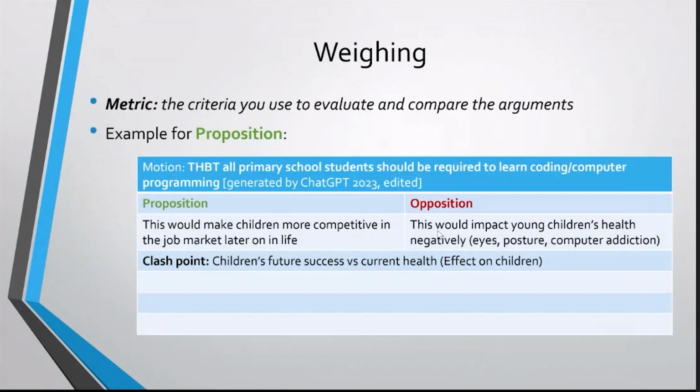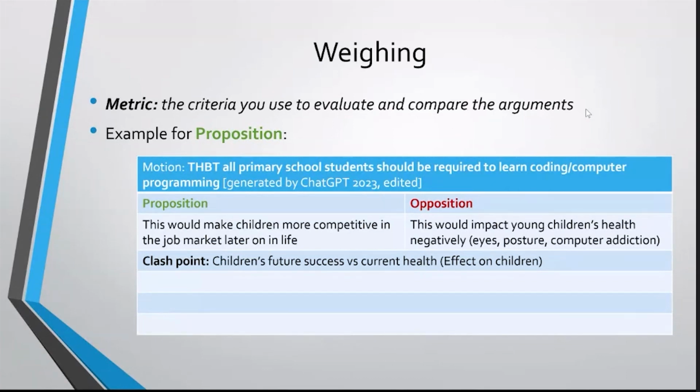For example, I have left the description of a metric up here. But if we had the motion, this House believes all primary school students should be required to learn coding or computer programming. This is a motion generated by ChatGPT and edited by me, by the way, so a very interesting one.